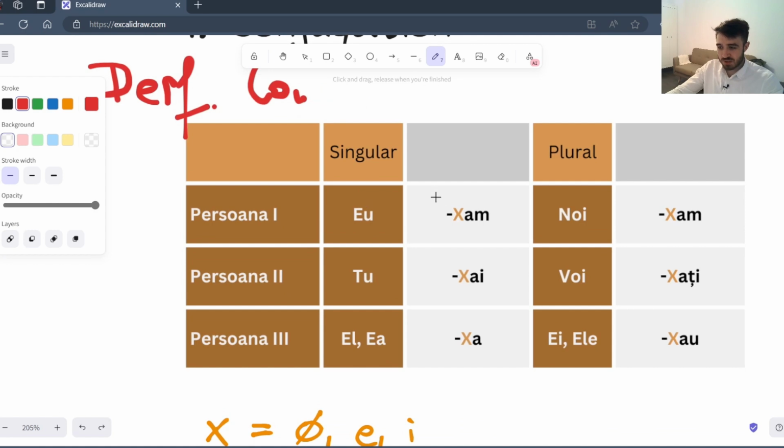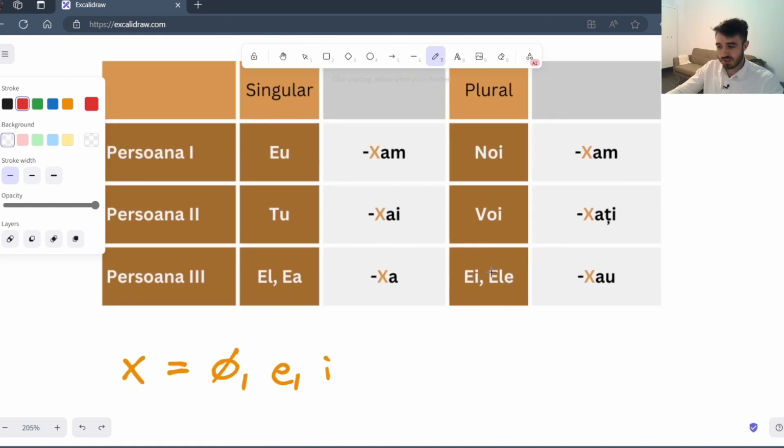So this is what I mean by this table, right? You have the singular, plural, persoana întâi, persoana a doua, persoana a treia. I think that's quite straightforward. And you have am, ai, a, am, ați, and au, plus an x here.